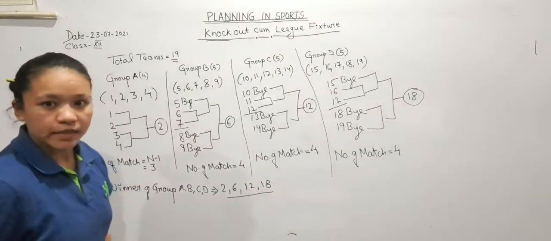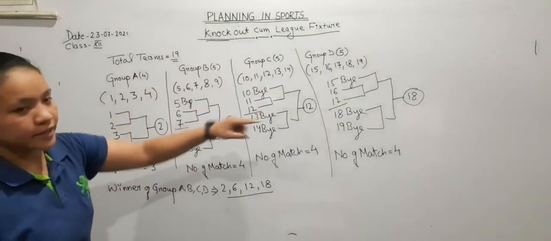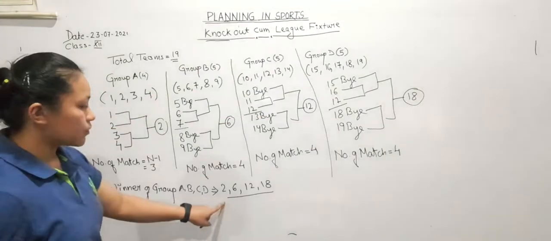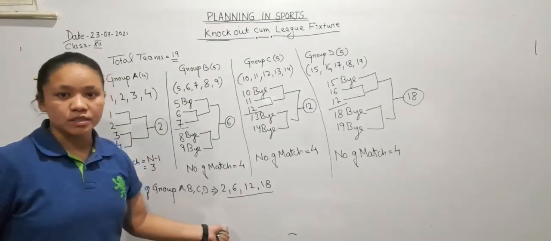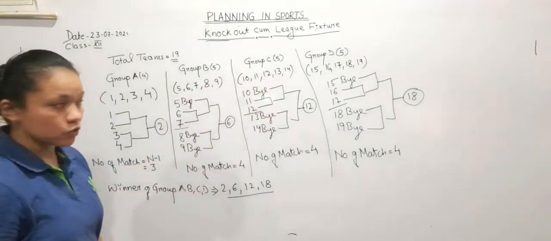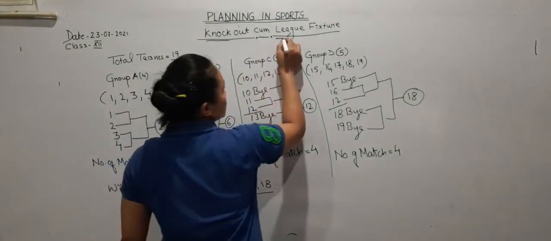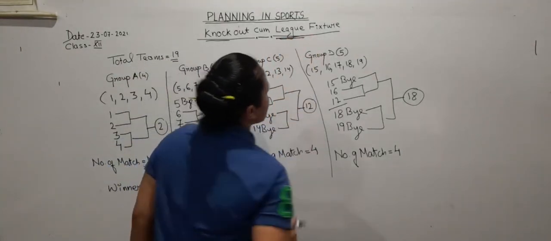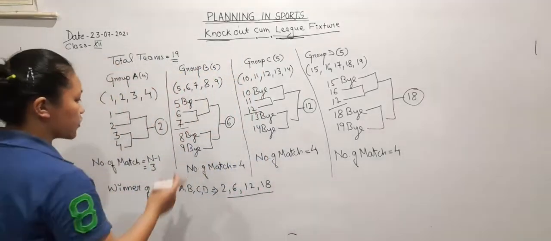These 4 are the winners of the 4 groups. Now there will be competitions between the winners of these 4 groups as per the league fixtures. They will again compete as per the league fixtures.